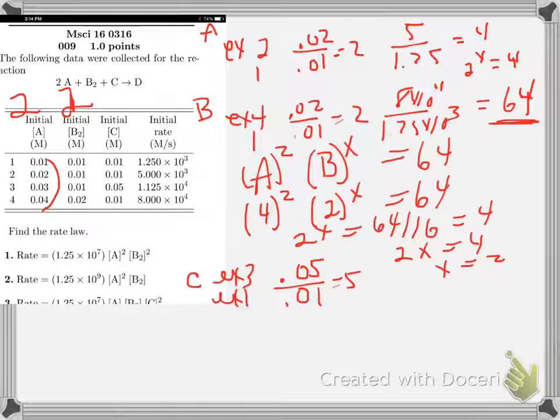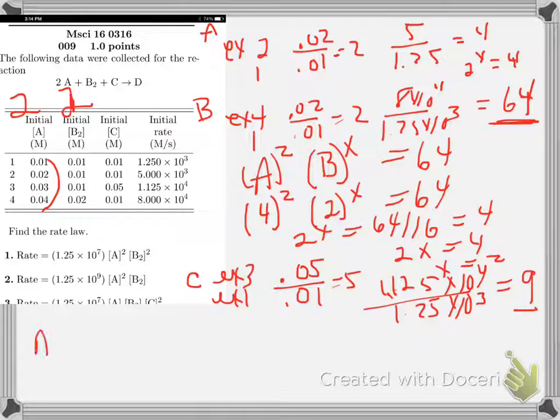If I look at the respective rates, I go 1.125 times 10 to the 4th over 1.25 times 10 to the 3rd, and I get an answer of 9. So what I again have to do is look at how much of this 9 came from A, and whatever's left came from C.